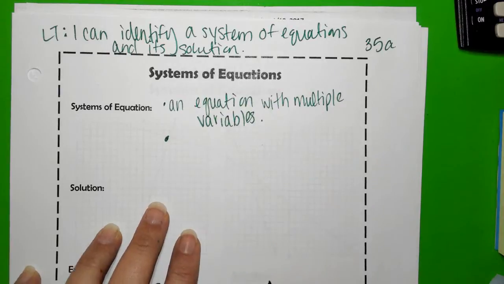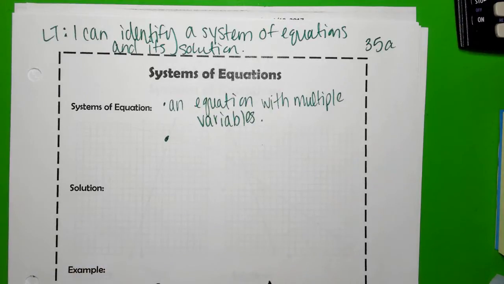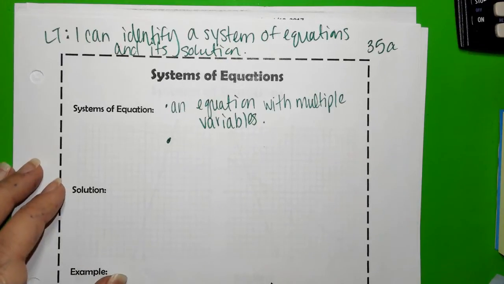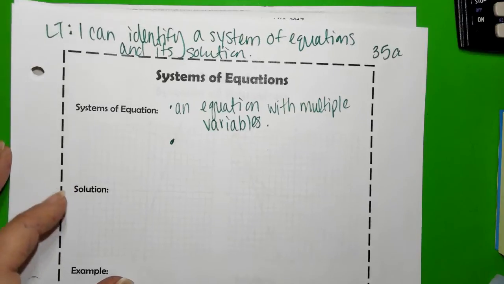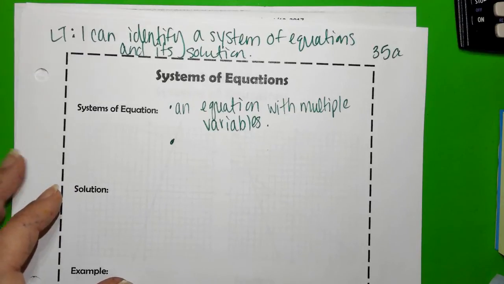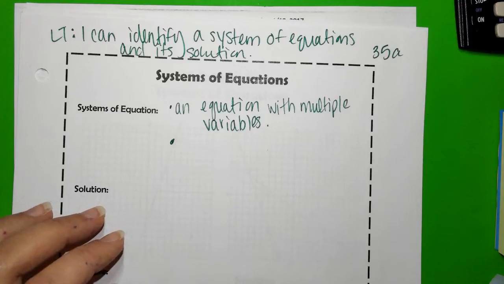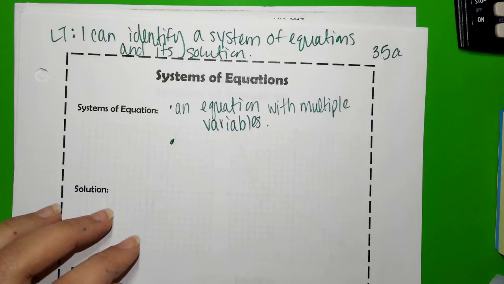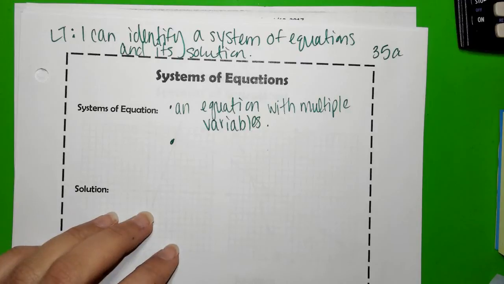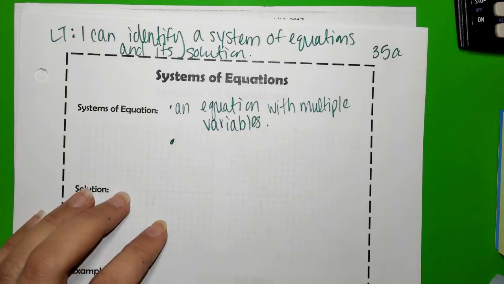All right, what's another way? All right, Bo Ravenclaw. Two equations or more that is set to the solution. Read it to me again. Two or more equations that has a set solution?